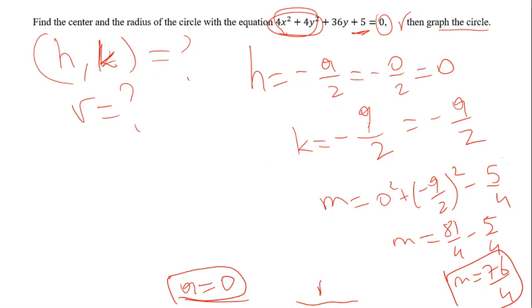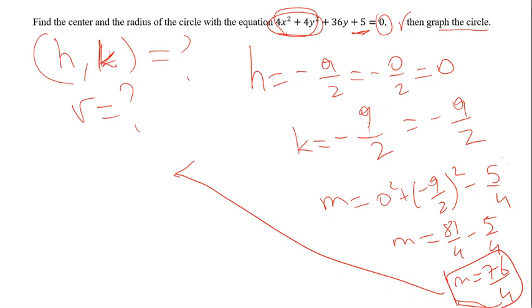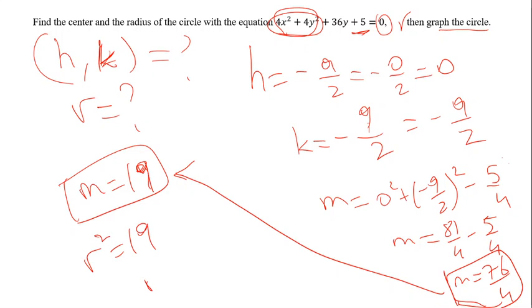There was a mistake, so I fixed it. And m is equal to 76 over 4, so m is equal to 19 here. So r squared is 19, so the radius is always the square root of m, if m is positive, of course. So it will be square root 19.